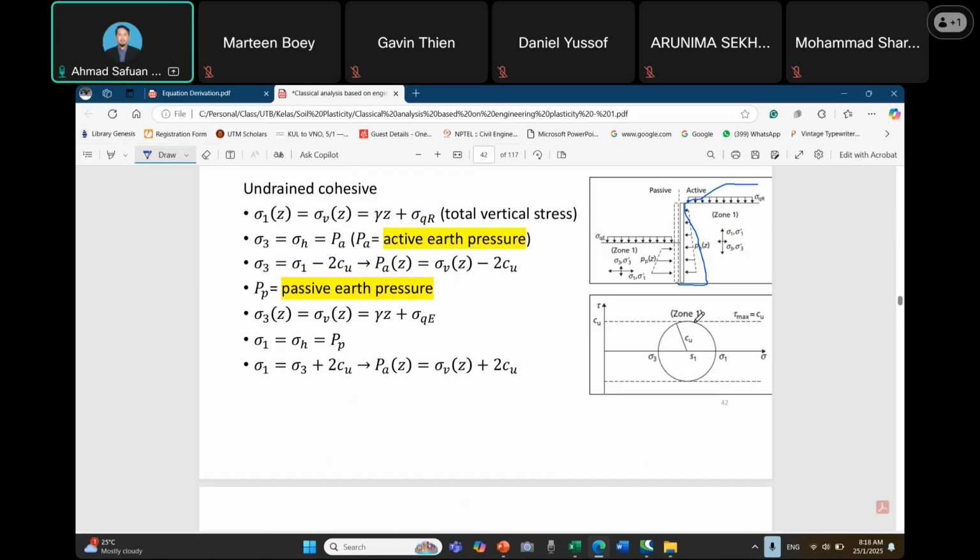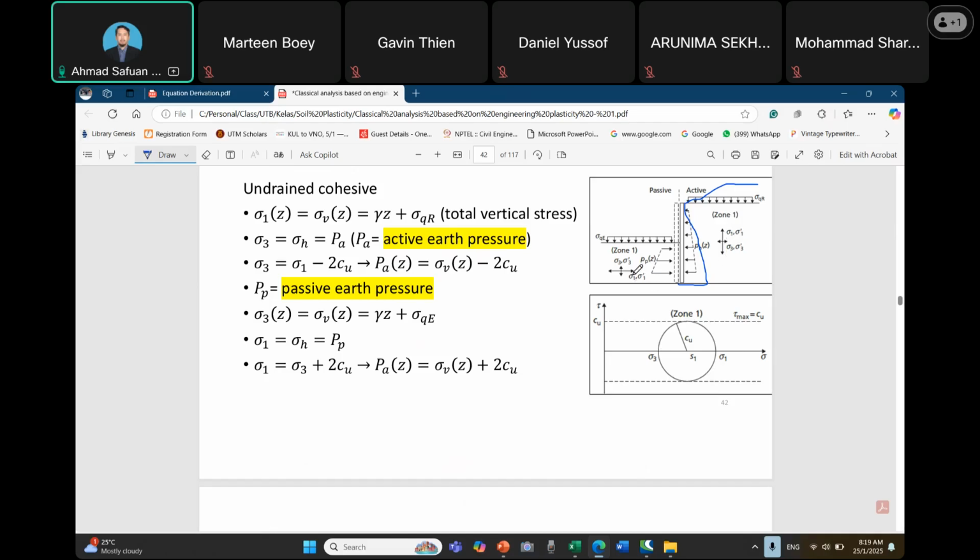So this is the Mohr circle for zone number 1, where sigma 1 is the major and sigma 3 is the minor. The direction of sigma 1 is vertical and the direction of sigma 3 is horizontal.